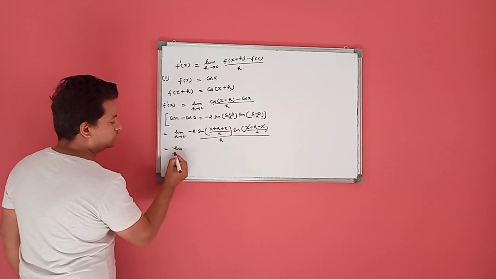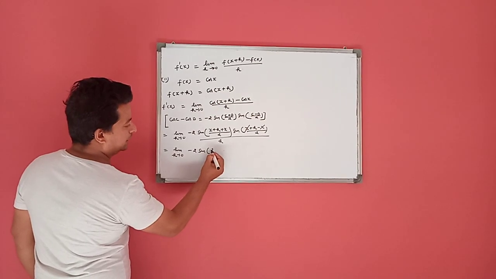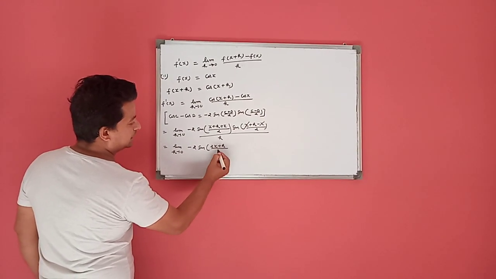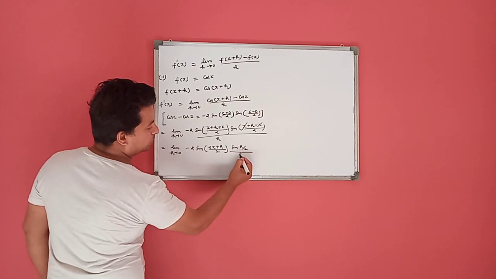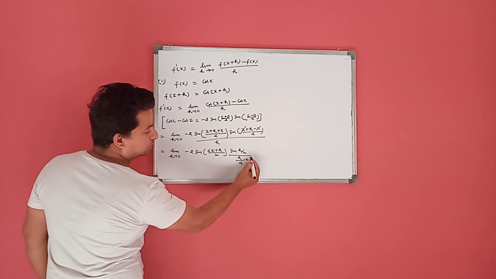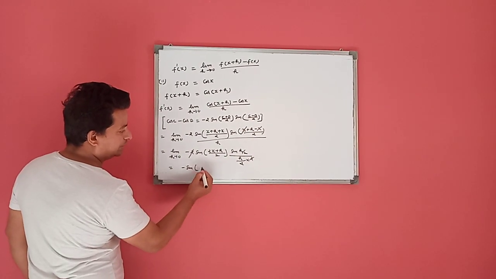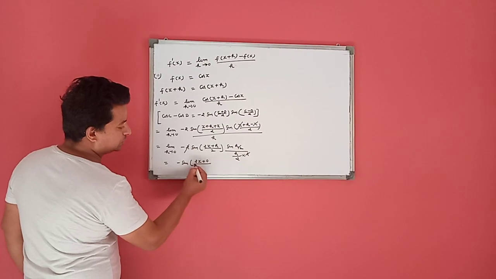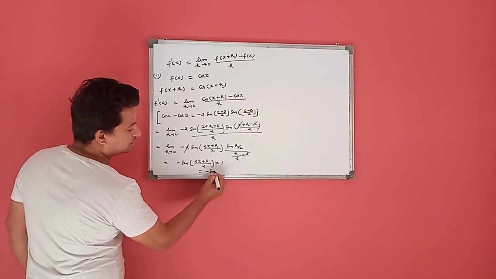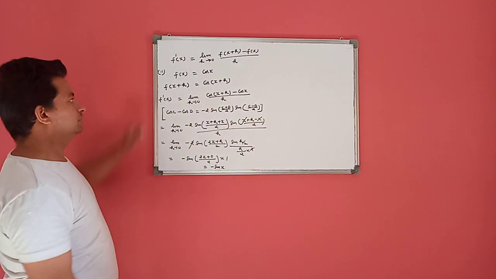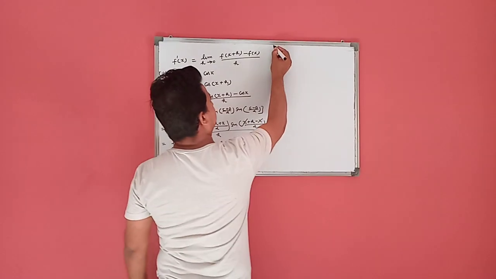This is equal to the limit as h approaches 0 of 2 sin((2x + h)/2), sin(h/2) over h/2 divided by 2 multiplied by 2. This cancels out. When we put the limit, sin((2x + 0)/2) and the ratio is equal to 1. So this means negative sin x. Differentiation of cos x is negative sin x.